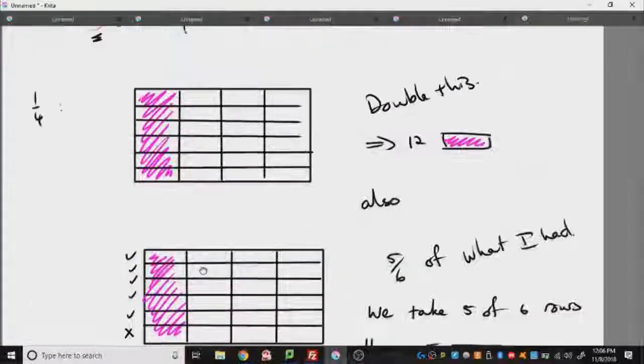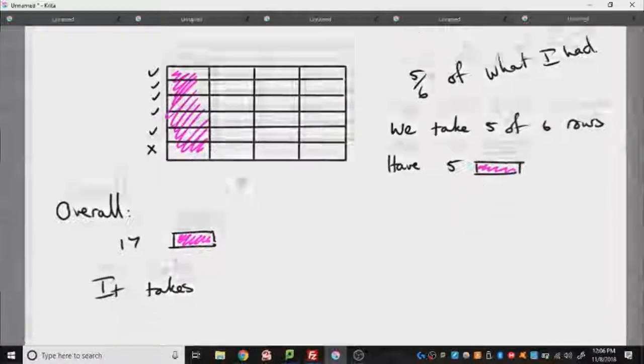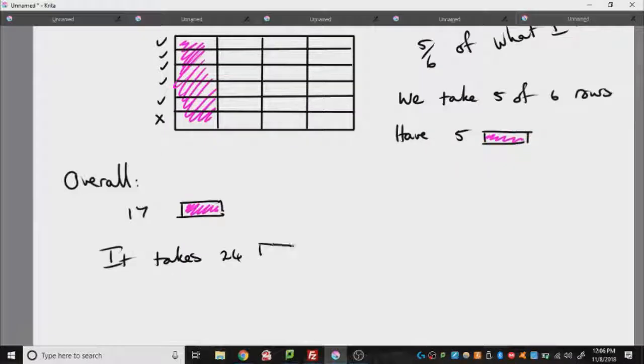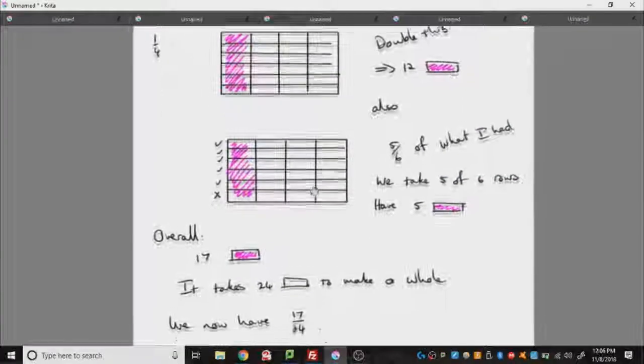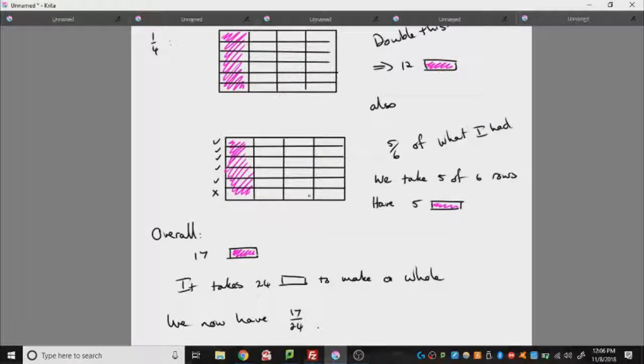It takes, count them, 24 little pieces to make a whole rectangle. So therefore, we now have 17/24 of a rectangle. Good times in multiplication class.